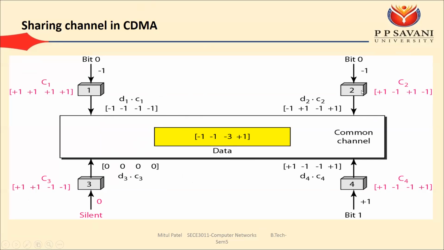Suppose station 2 wants to send something to station number 4. Still, using the common data, station 3 can find out what station 2 is sending. So that is the problem of security.